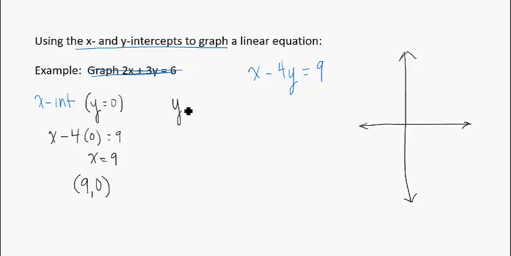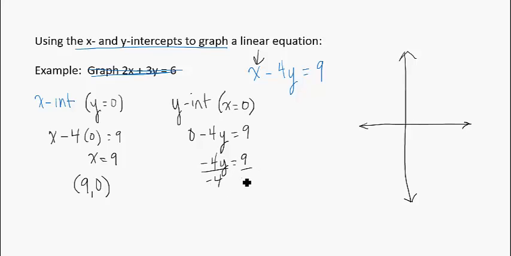Now, to find my y-intercept, remember this is where your line crosses the y-axis. Every point on the y-axis, x is going to equal 0. So I simply need to substitute in 0 for x. Minus 4y equals 9. That's going to give me negative 4y equals 9.